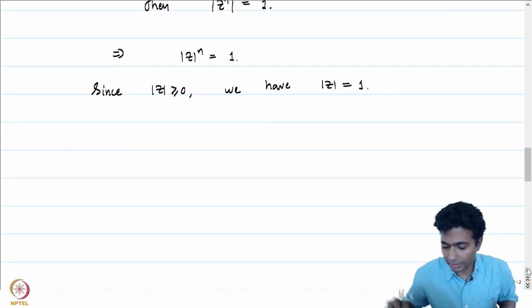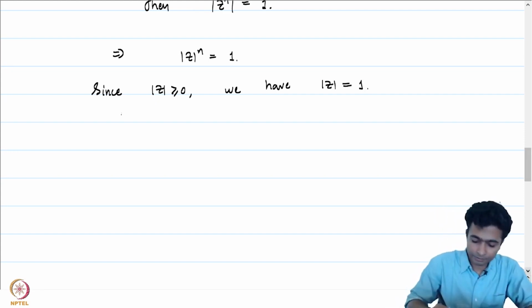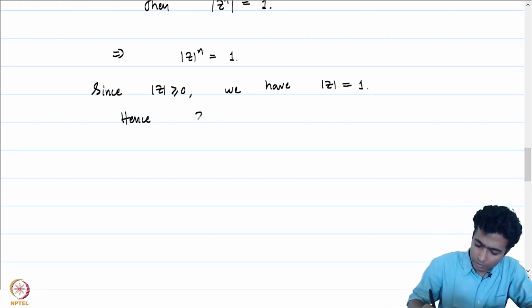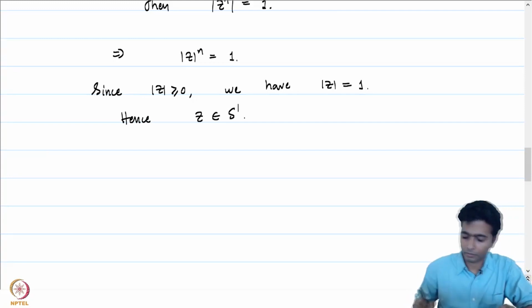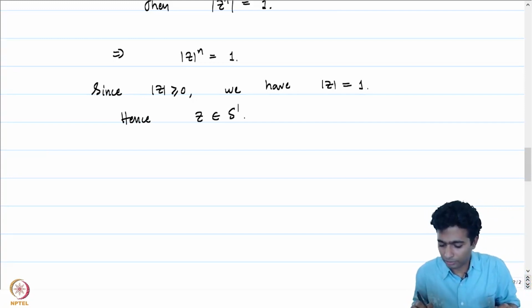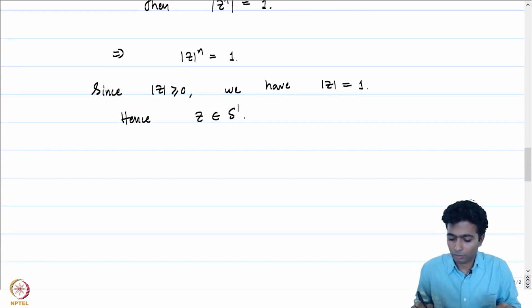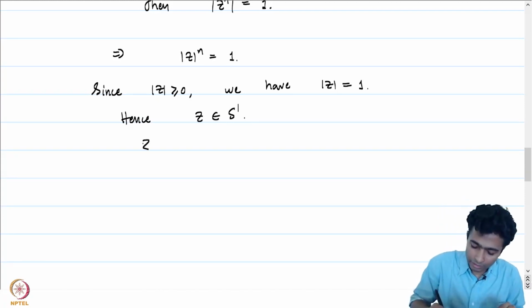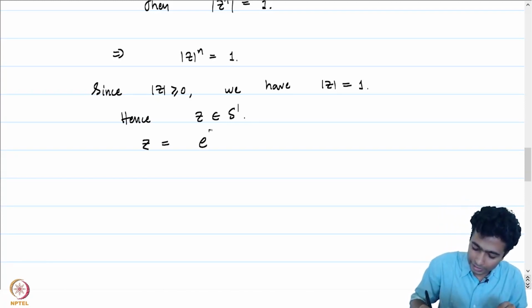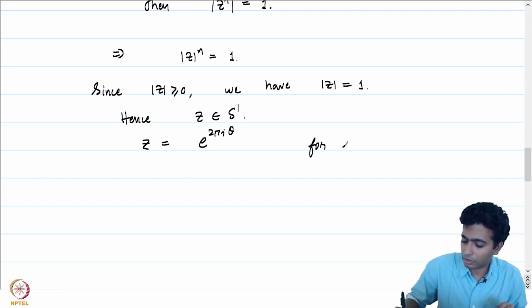That means z is on the unit circle. z belongs to S1. Okay, let's see what happens when z is in S1. Then we can write z as e to the power 2 pi i theta for some theta belonging to 0 to 1.